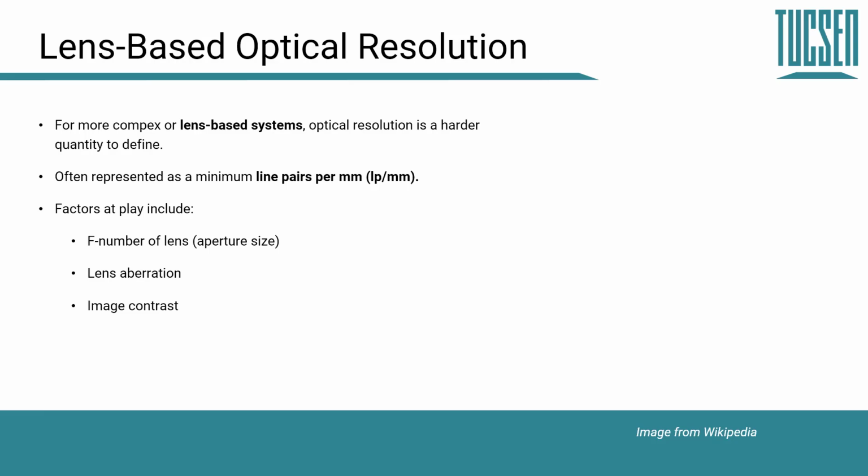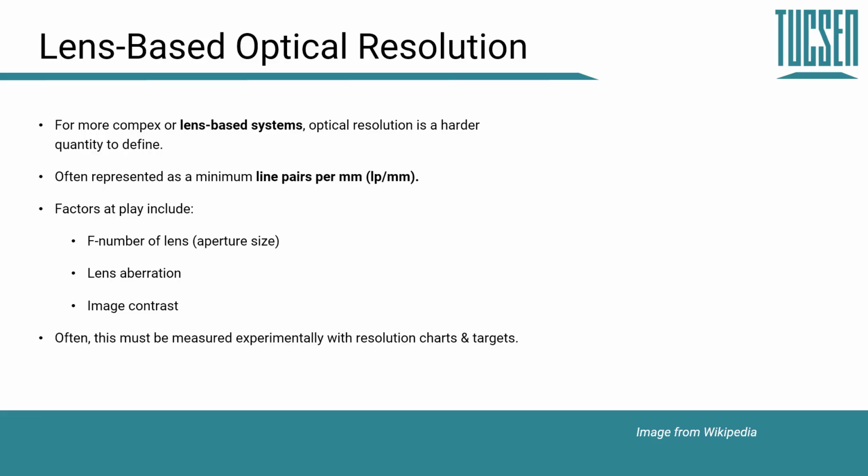Factors like aberration and other artifacts that we can get within lenses that can defeat our aims of resolving fine details. And finally, the contrast with which we can image. How much clear delineation can we make between bright points and dark points? All of these things will come into play for defining whether we can confidently say we've resolved a detail or not.